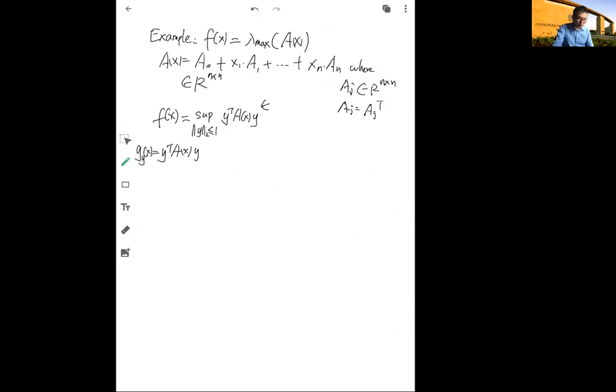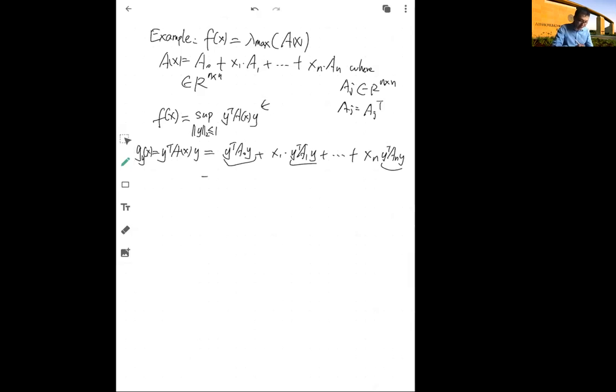In y, this quadratic function can be convex, concave, or neither, so we can't say anything. But if we write this g_y(x) explicitly by substituting the definition of A(x), we get y transpose A0 y plus x1 times y transpose A1 y, up to xn times y transpose An y, and each of these is a scalar.